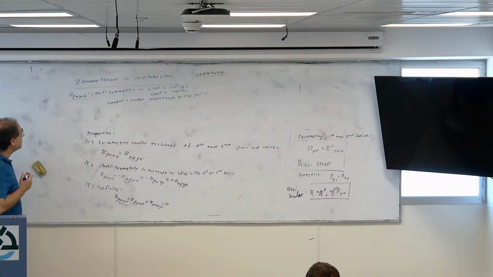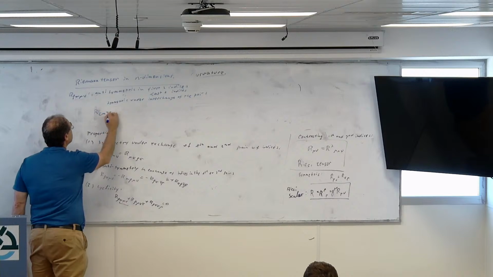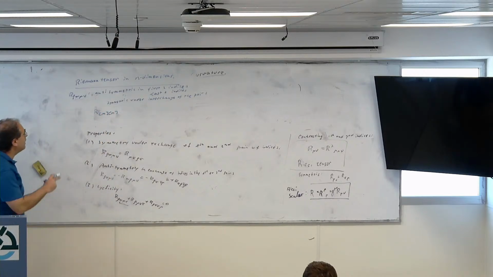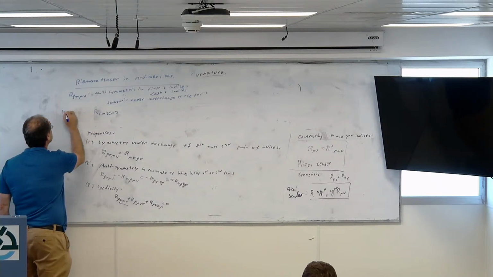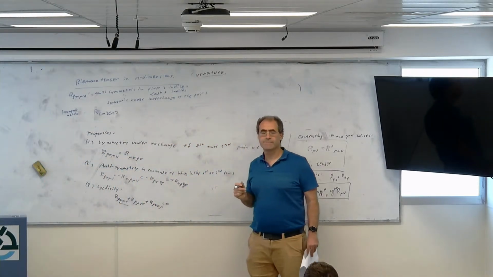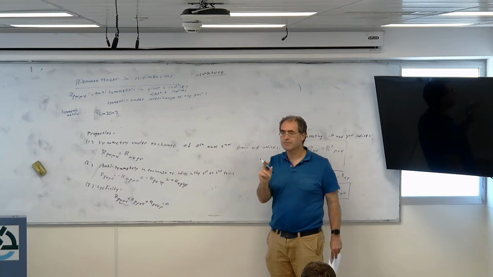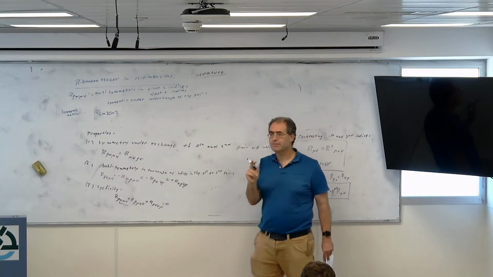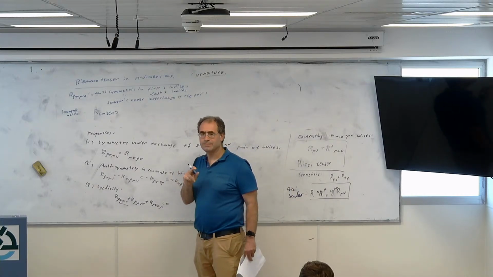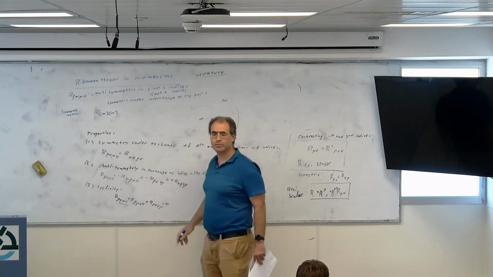So we can think of it this way. If we have a symmetric M by M matrix, how many independent components does it have?